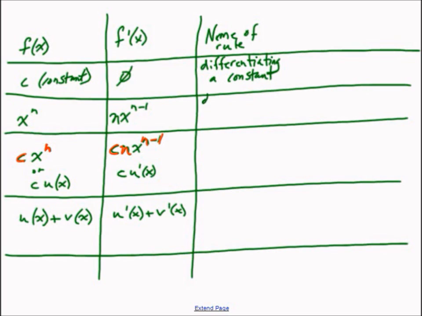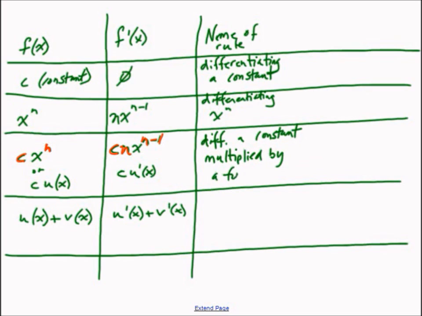This would be differentiating x to the power of n. Pretty simple, just what it says. This is differentiating a constant multiplied by a function. And this is called the addition rule.